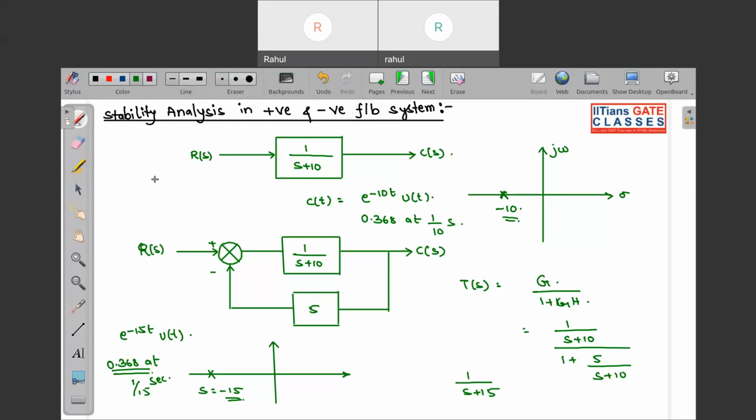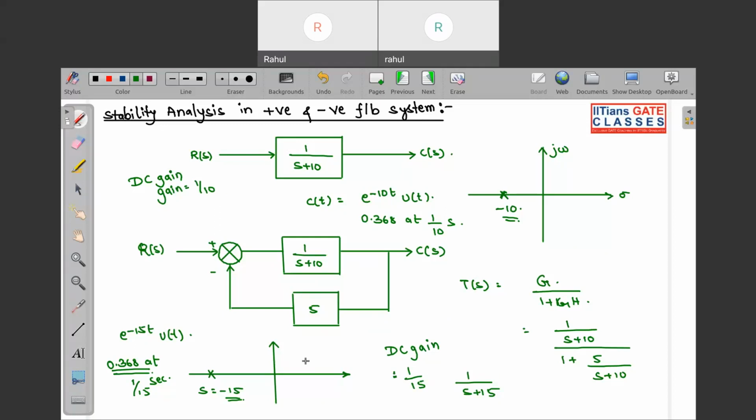But if you calculate the DC gain here, it will be 1 by 10, whereas over here, with 1 by s plus 15, it will be 1 by 15, as this is a type 0 system. So you can see stability is increasing, but the gain of the system is decreasing. So negative feedback increases the stability at the cost of decreasing the gain of the system.